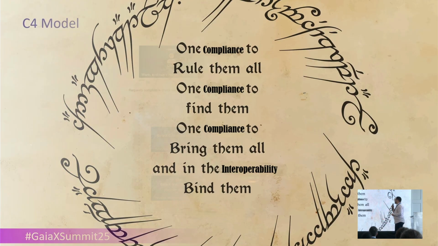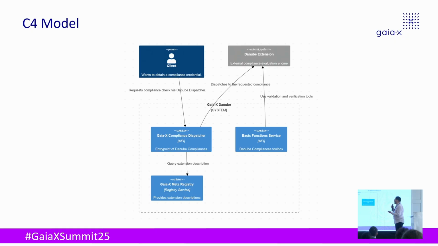So go next. And this is a very simple C4 model, with a bit more detail on what Christoph presented, but really just the container level for the C4. We just have the three components: the Gaia-X meta registry, the compliance dispatcher, and the basic functions. And then you have the extension, which can be either external or not so external here.